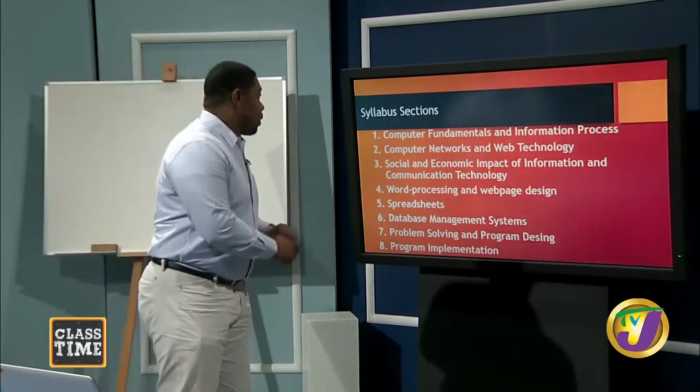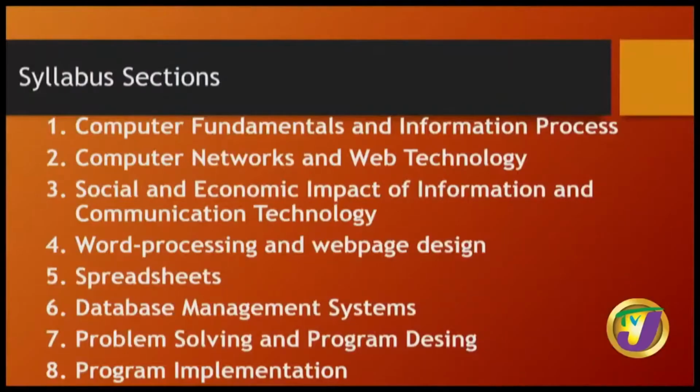What are they? We're talking about computer fundamentals and information processing, computer networks and web technology, and the social and economic impact of information technology, or information and communication technology. You might hear the two terms being used interchangeably some of the time, because there's been an expansion.